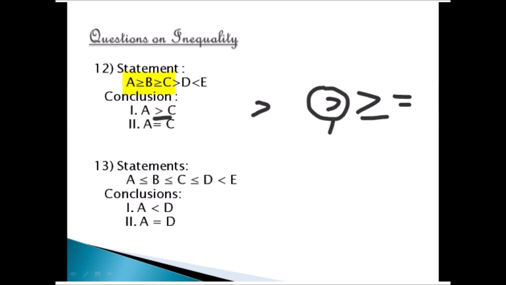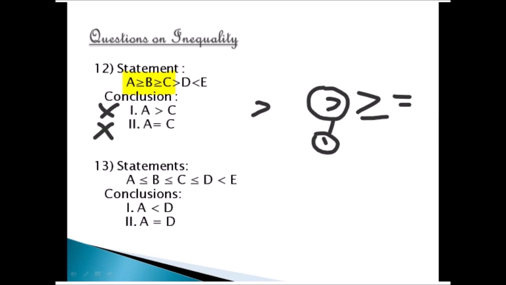It should be minimum 1, but there is no such symbol, so conclusion first is false. If I check conclusion second, here also there is no equals to in my path, so conclusion second is also false.